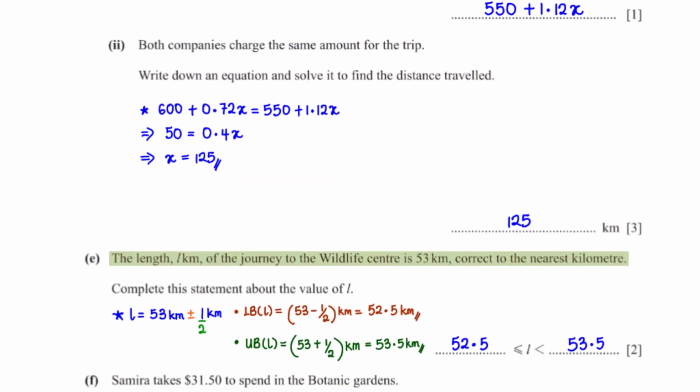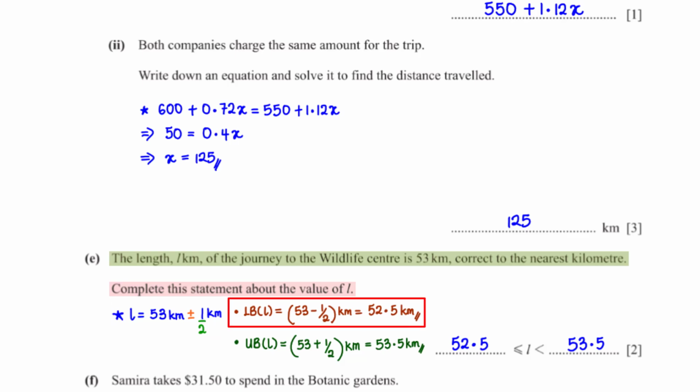The length L kilometers of the journey to the Wildlife Center is 53 kilometers, correct to the nearest kilometer. Complete this statement about the value of L. Since we are correcting the length to the nearest kilometer, we have 53 kilometers, then we bring in plus and minus 1 kilometer divided by 2.